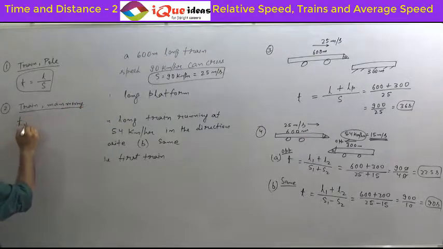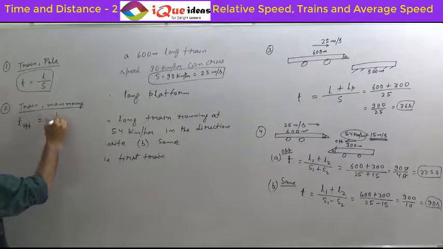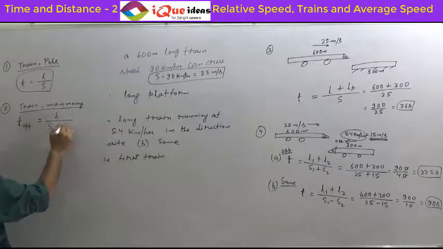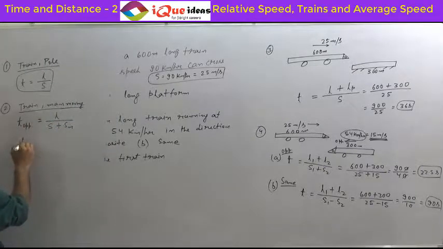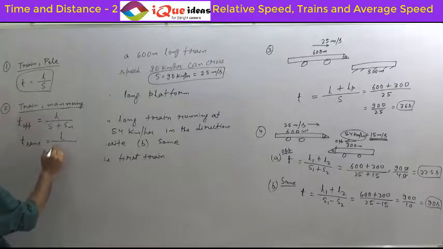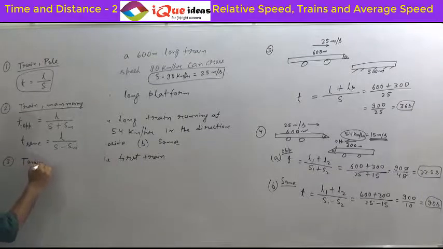Time in opposite direction is equal to length of the train divided by speed of the train plus speed of the man. Time in same direction is equal to length of the train divided by speed of the train minus speed of the man.